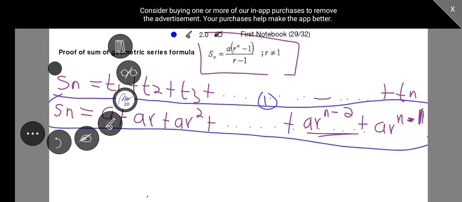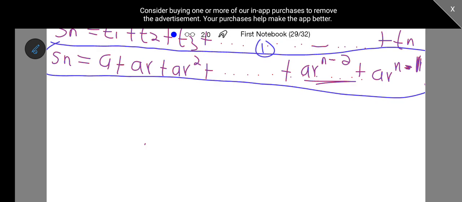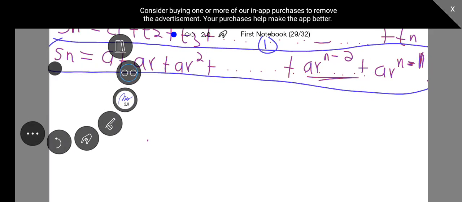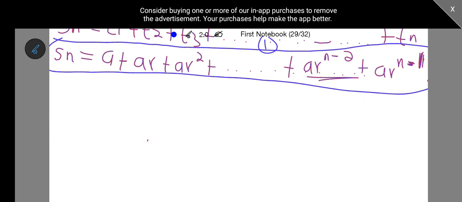Now we're going to get equation number 2. To get equation number 2, we're going to multiply equation number 1 by r. What is Sn times r? This will give us rSn. What is a times r? It will give us ar. What is ar times r?